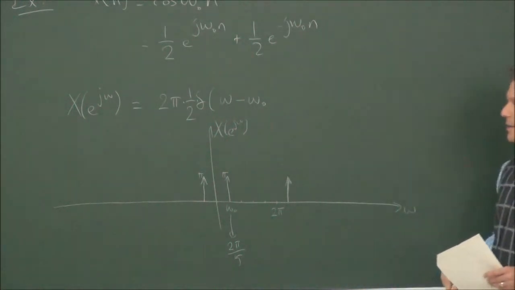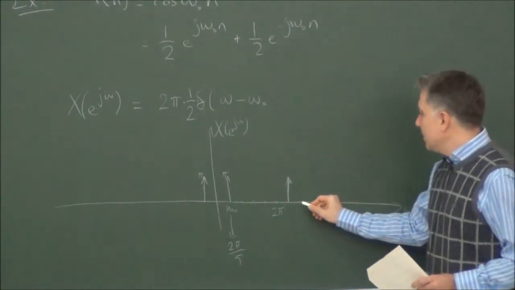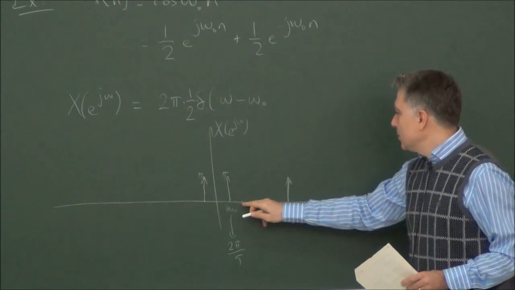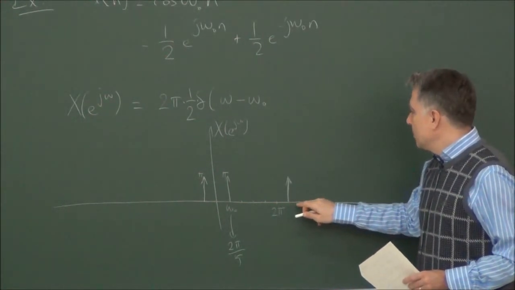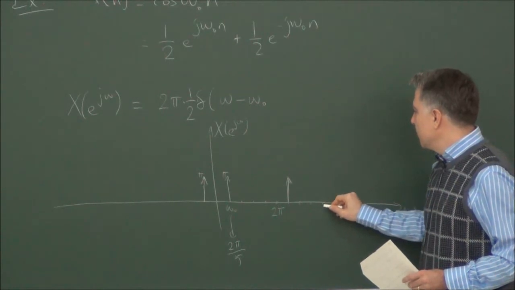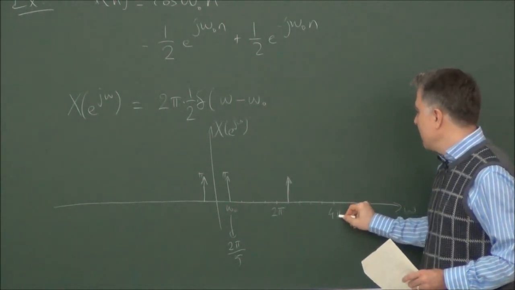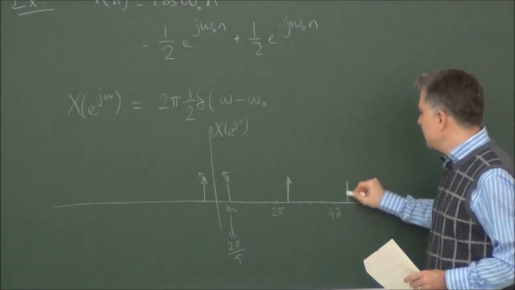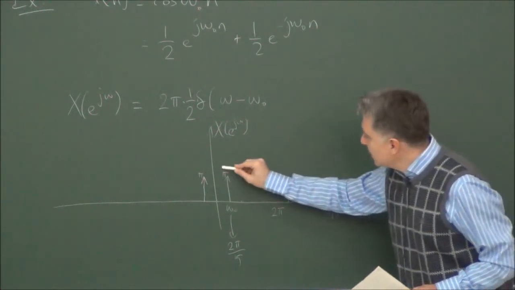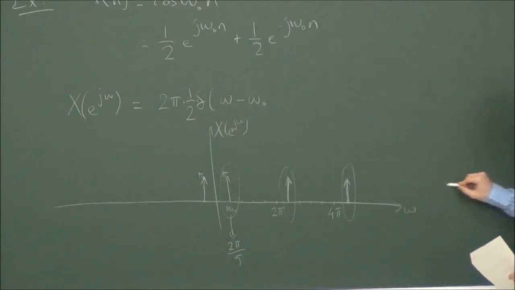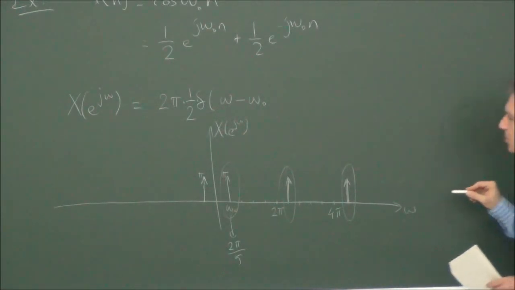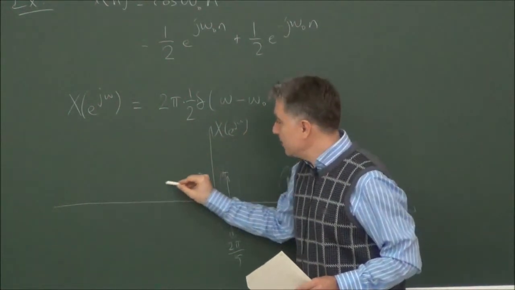I have to replicate it here. Then 1, 2, 3, 4, 5. This is 4 pi, and here we have to repeat that impulse, like this, towards the right and towards the left as well.